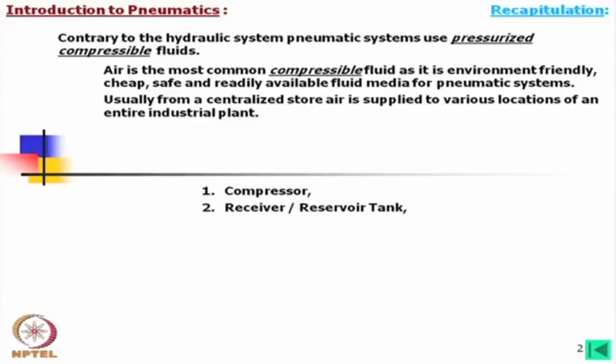Now, that air is not only compressed, it needs many other preparation processes before it is allowed to enter into a pneumatic system. First of all, this compressed air is stored, partially cleaned, in a receiver, which is also simply called a reservoir tank.